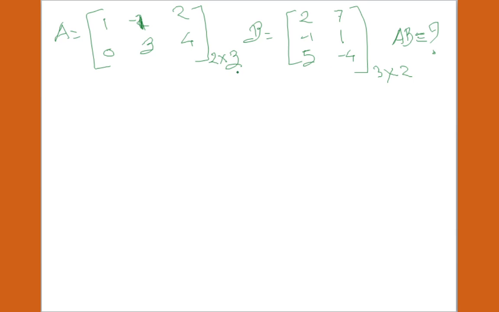So this column number is equal to this row number. Hence matrix multiplication is possible, and the final matrix is of order 2 by 2. This 2 and 2, this is row number, this is column number. So these two must be equal, then we can multiply two matrices.